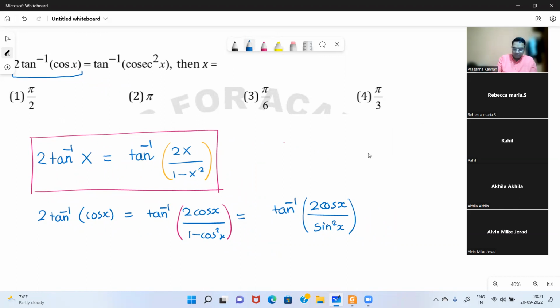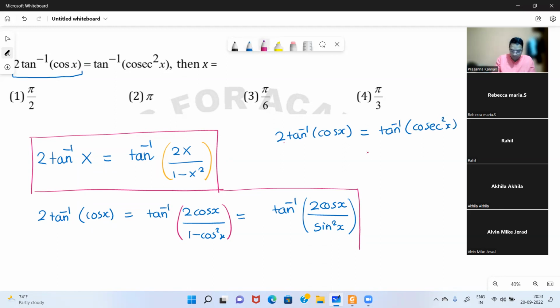Now let's look at the question here. The question says 2 tan inverse of cos x is equal to tan inverse of cosecant square x. This is given in the question.